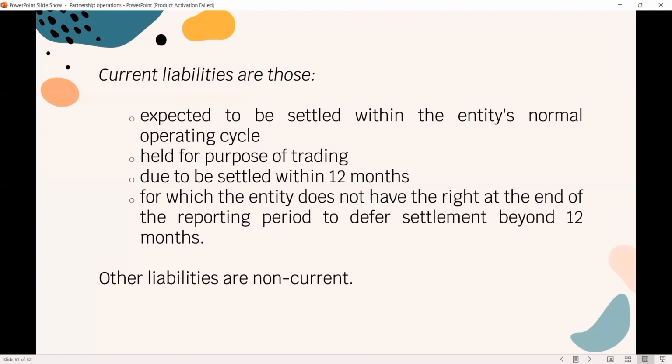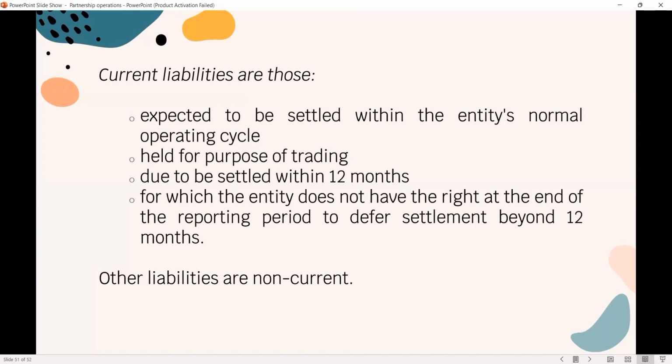So examples of current liabilities are the accounts payable, short-term debt, dividends, and notes payable, as well as income taxes owed. Meron din yung bank overdraft, creditors, bills payables, advances, and deposits received.